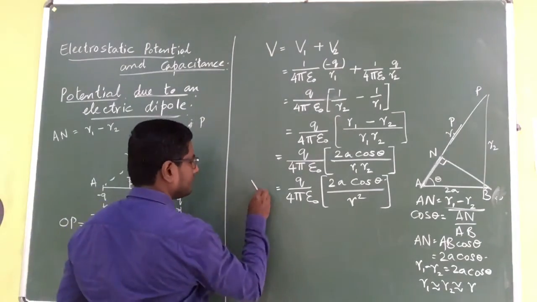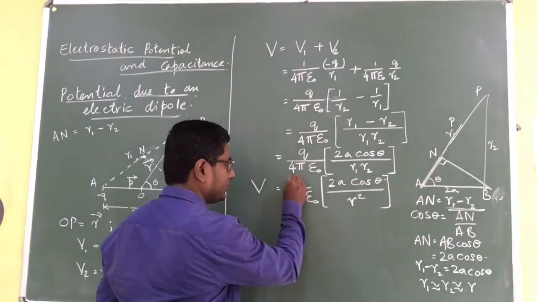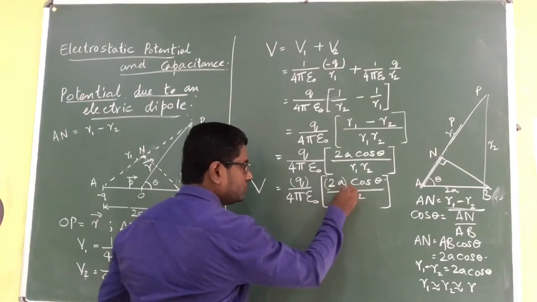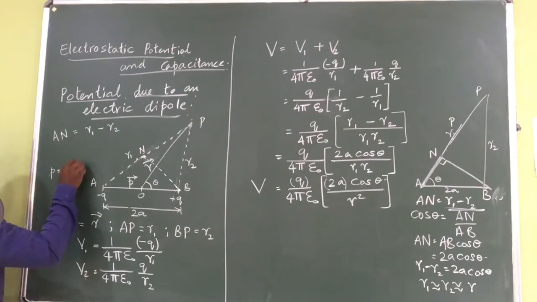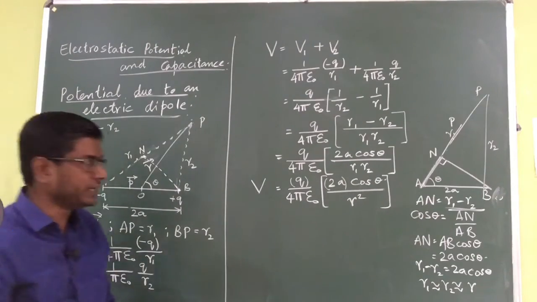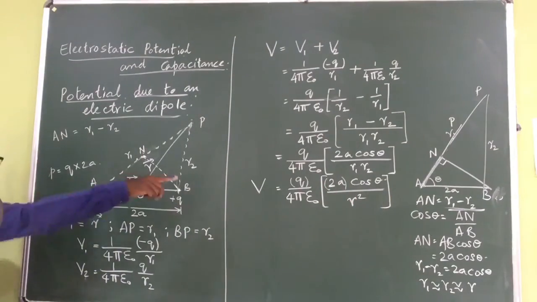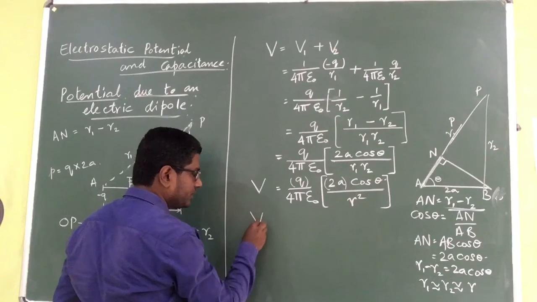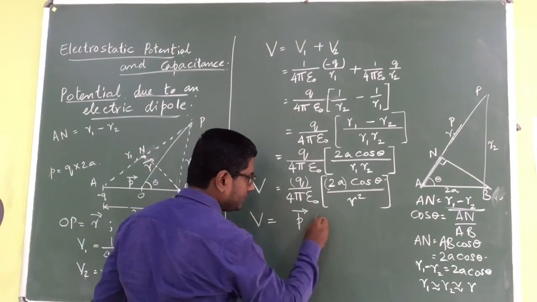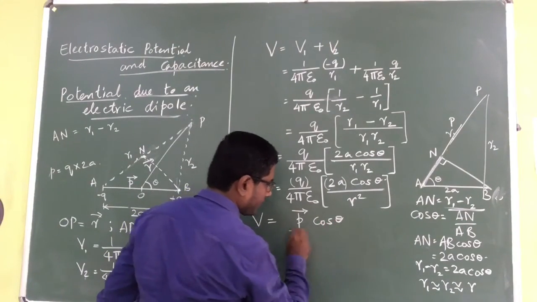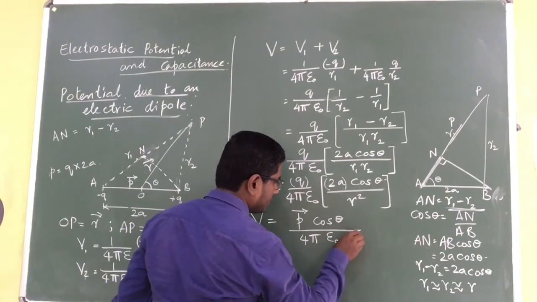Till here everything remains the same outside the bracket. Now for the next part, you should be able to see there is a Q outside and a 2a inside, and from the diagram the dipole moment is P equals Q into 2a. So I can replace this Q into 2a by P. This is going to become V equals P, which is a vector, dot R cap to take care of direction, times cos theta divided by 4 pi epsilon naught R square.